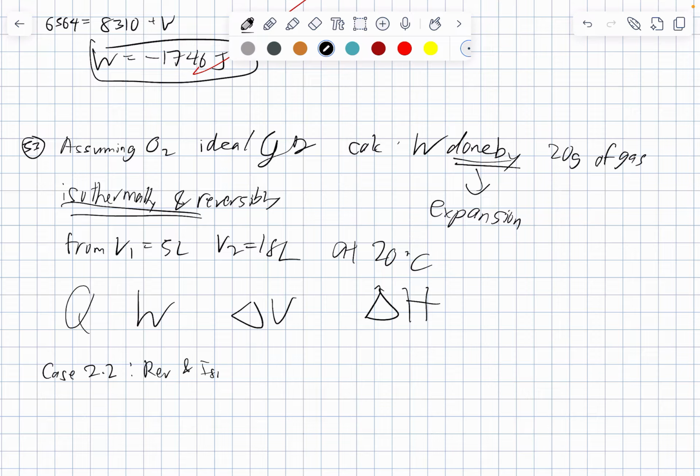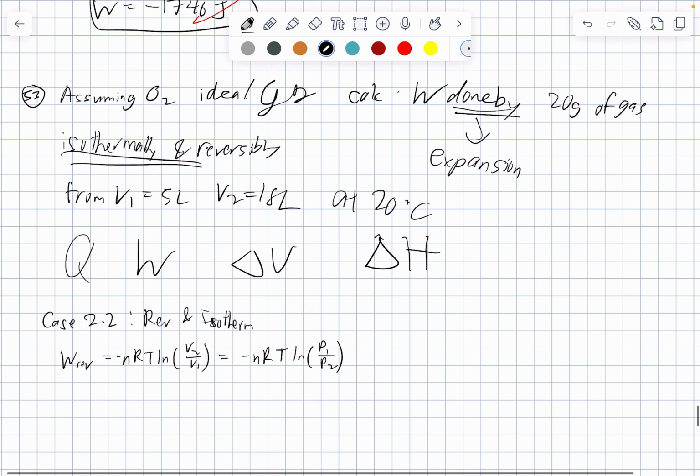Reversible and isothermal. So the work in this case is equal to negative nRT ln V2 over V1. If we do not have the volume, then we can say that it is also P1 over P2.